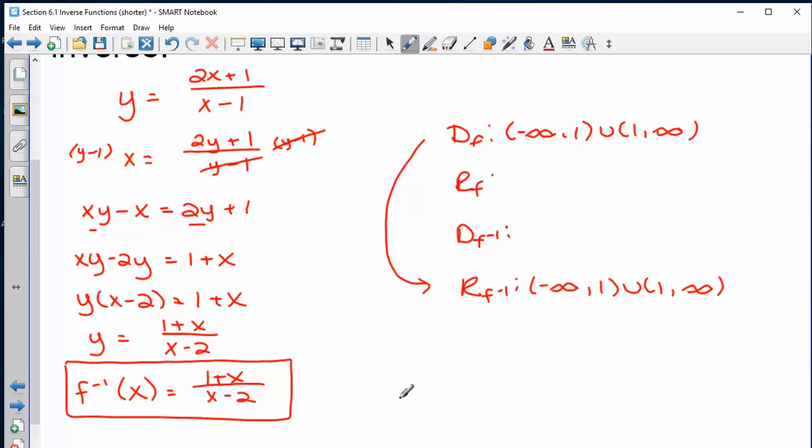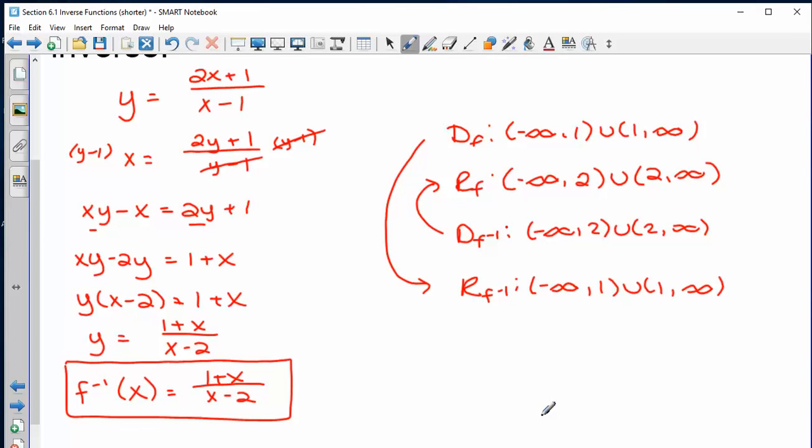Okay, let's look at the inverse. X can't be 2. So the domain of the inverse is negative infinity to 2, union 2 to infinity, which is the exact same thing as the range in the original. If you had a square root.